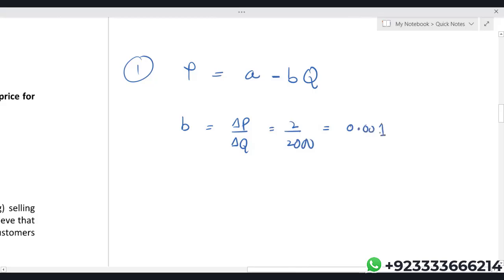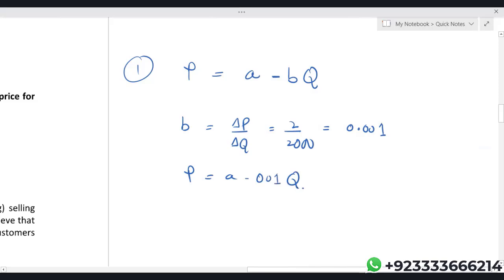And again, you need to ignore the negative sign. I think we did discuss, if I'm not wrong, in our previous classes. Mathematically, the answer of B will always be negative, but we just ignore that. Okay. So the demand function is P is equal to A minus 0.001Q.